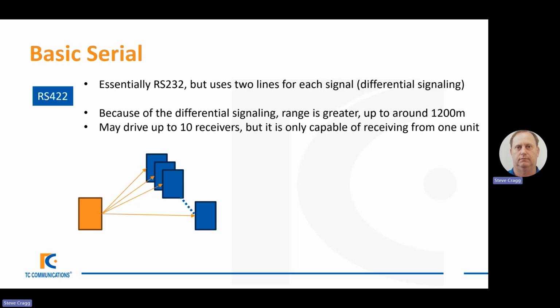This will be used where perhaps you have a single central device sending out information to, say, a series of signs where you want to put data on those signs. You could use RS-422 to send the data simultaneously to each of those signs. So that's RS-422, not probably seen as commonly as RS-232, but still a very common standard.